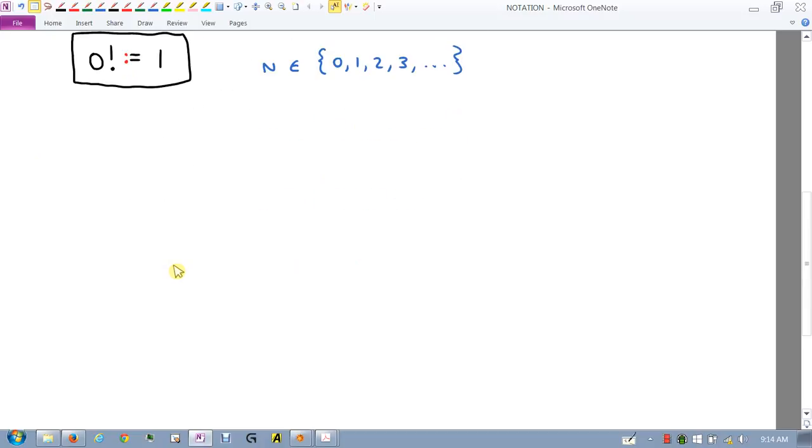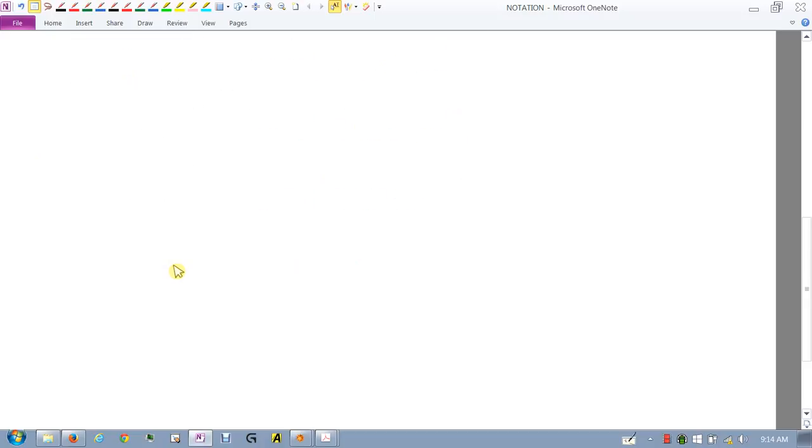All right, let's just practice a couple things with the factorial, just to make sure we're comfortable working with it. As a couple of examples, I want to simplify: take n plus 3 factorial and divide it by n minus 1 factorial.